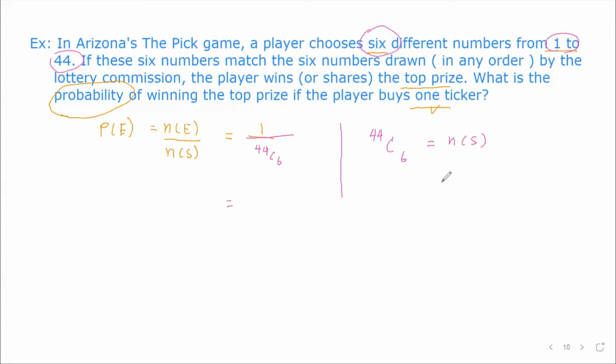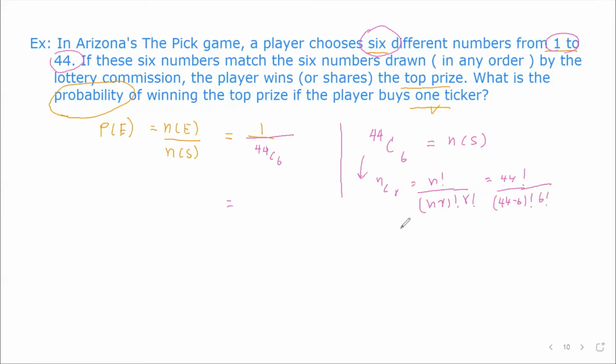Okay, maybe we can try from here. Just to review the formula, combination is what? nCr equals n factorial over (n minus r) factorial times r factorial. So this one is going to be 44 factorial over (44 minus 6) factorial times 6 factorial.